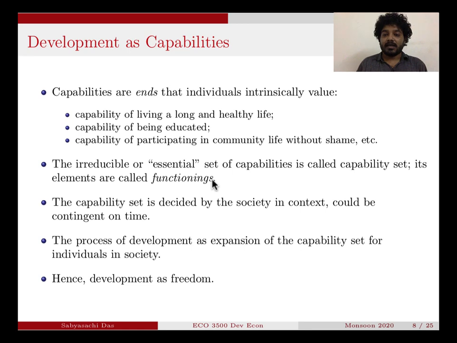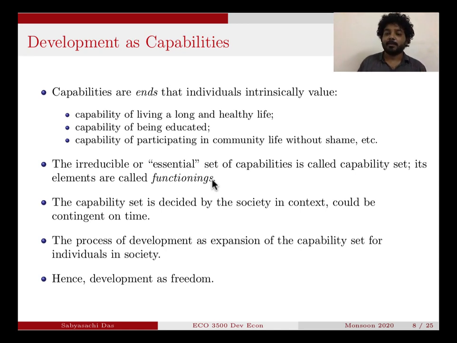Now, each of the elements of this set he refers to as functionings. So this is just a terminology to keep in mind. So functionings are specific goals that you need to achieve in order to become free or become capable on a certain dimension. And so this capability set consists of these individual functionings.